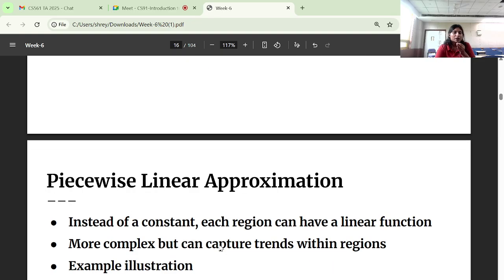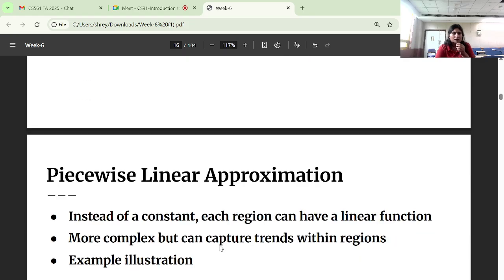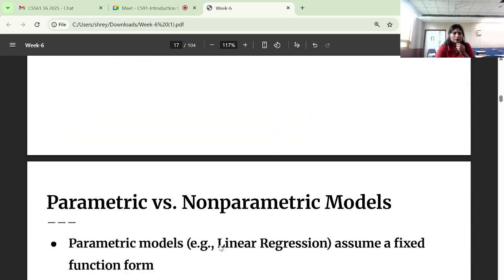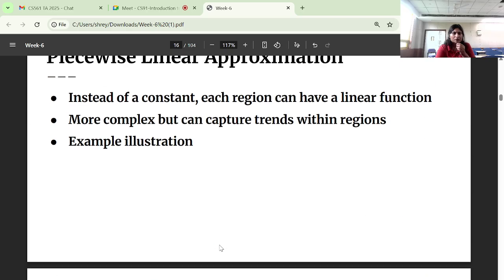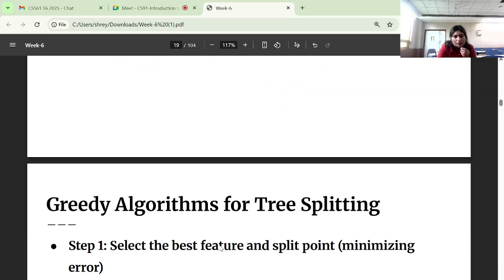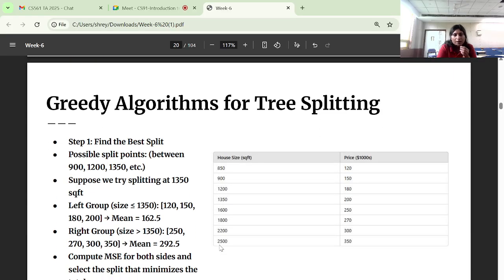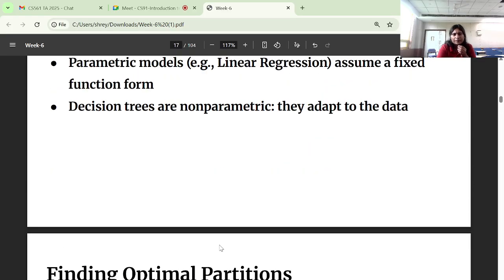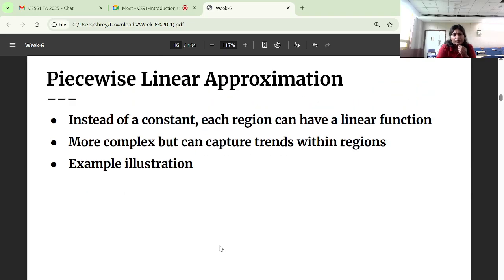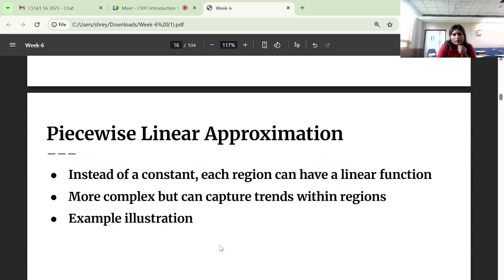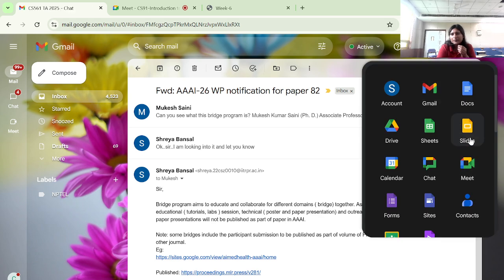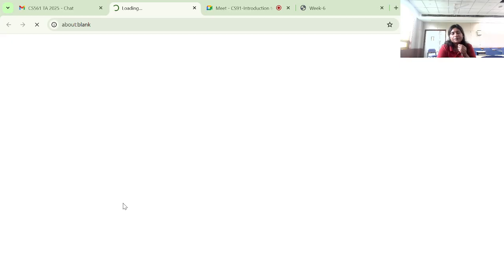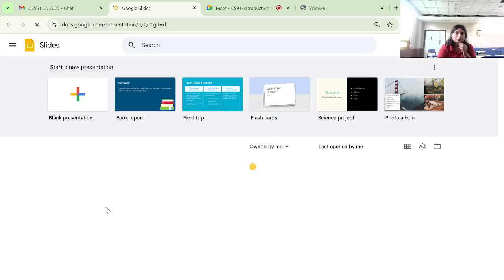So you can have an illustration with the data set. That is not here. Okay, this one. I had pasted some data set maybe.